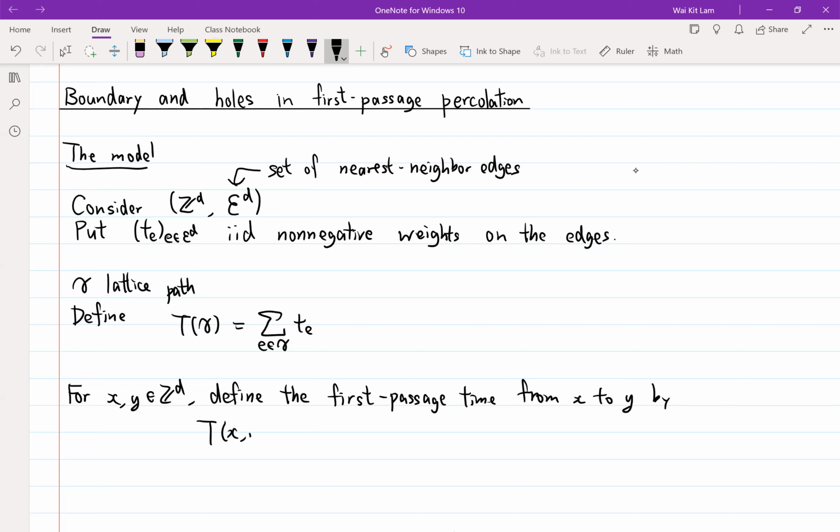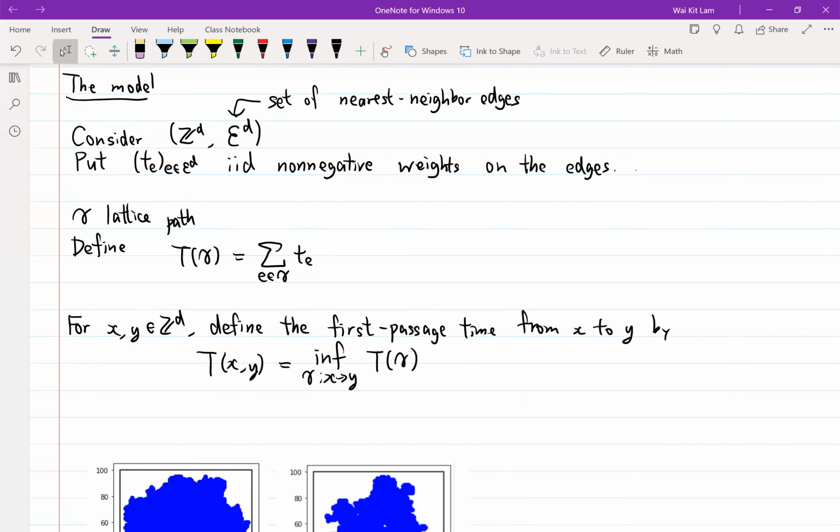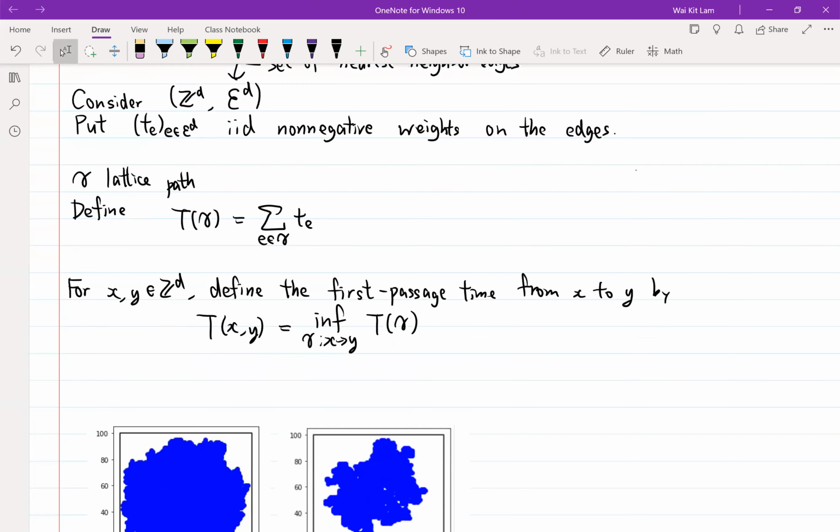So we use the symbol t(x,y), and it is an infimum over all gamma from x to y of this t(gamma). Okay, so there's some picture below.